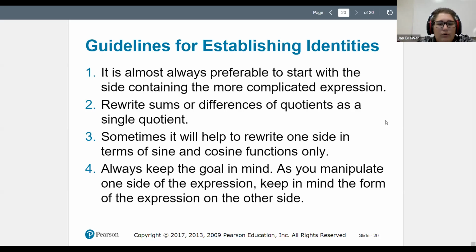As you manipulate one side of the expression, keep in mind the form of the expression on the other side, okay? In a way, I would say that this is pretty nice because you're kind of being told what your goal is or what your answer is, okay?